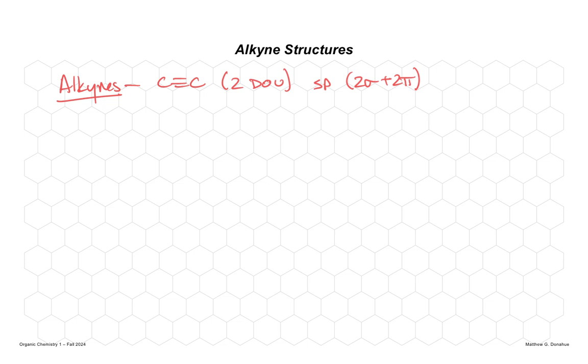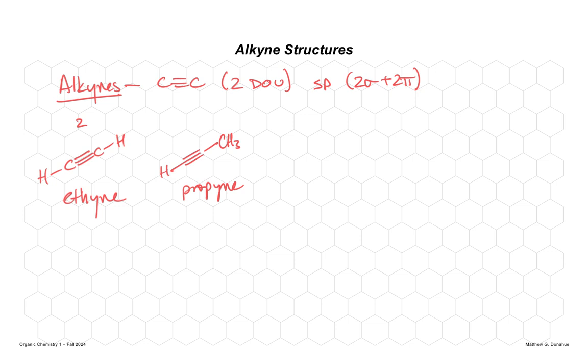Basically how they arise from atomic orbitals. So there is ethine or acetylene. There's propyne.